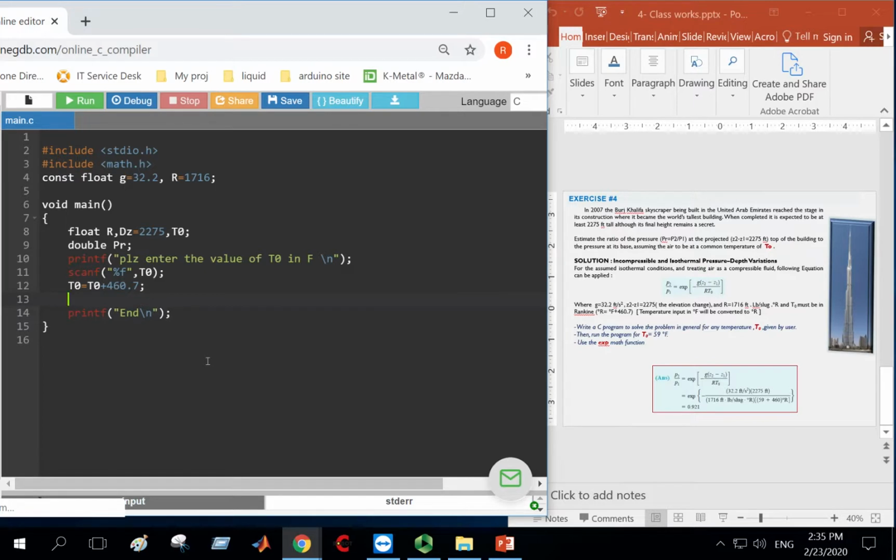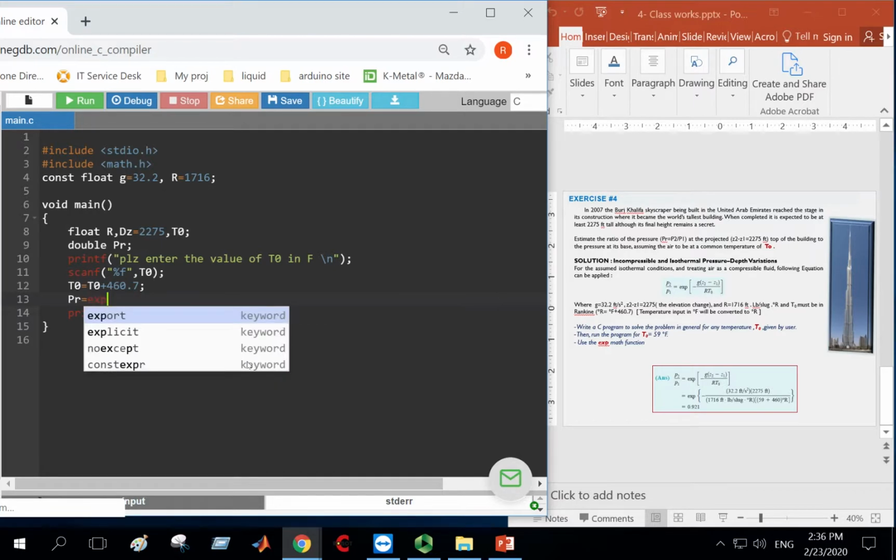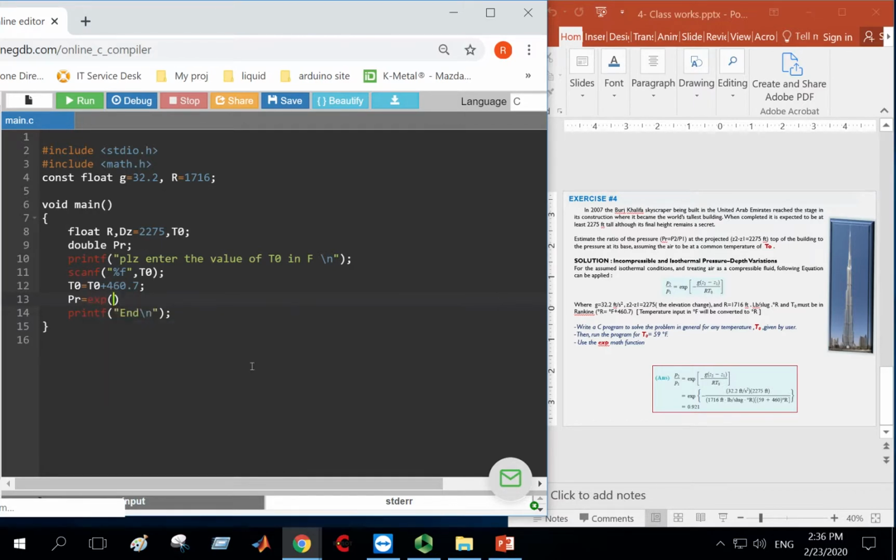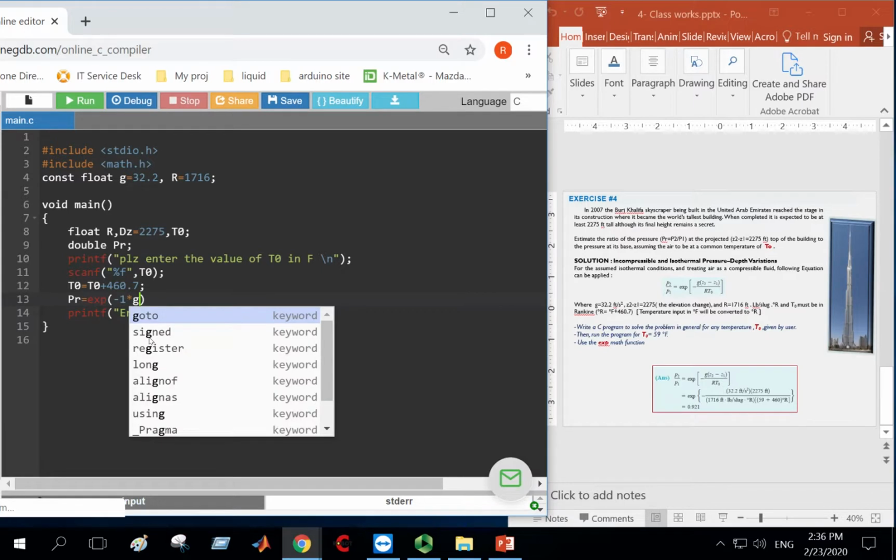Now we have to write PR, the pressure ratio, equals exp, a built-in math function, the exponential. Here we have minus 1 multiplied by G, or minus G, it's up to you.